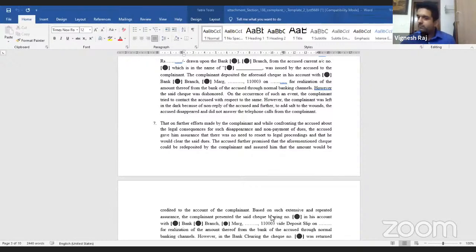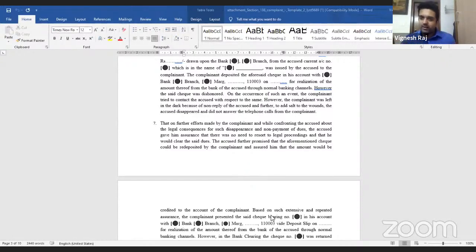That is your legal notice, along with the postal receipts, as well as the postal slip received by the complainant. The postal slip will state the tracking ID.